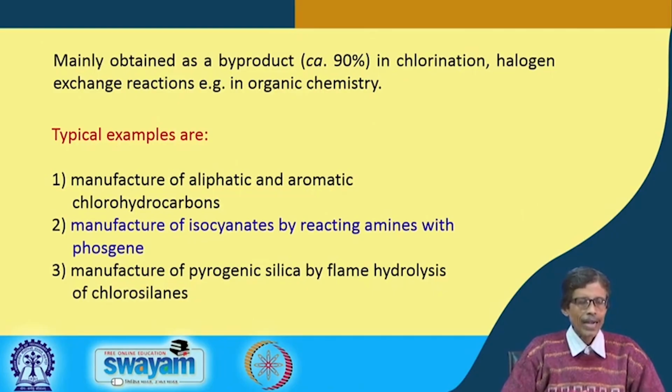So the first in this category which can be considered a typical example of this byproduct chemistry, or byproduct isolation of HCl, is the manufacture of aliphatic and aromatic chlorohydrocarbons. If we go for chlorohydrocarbons, we know that hydrocarbons are of the CnH2n+2 type.